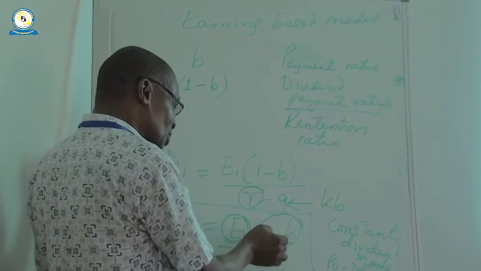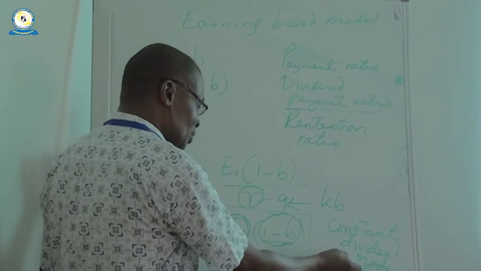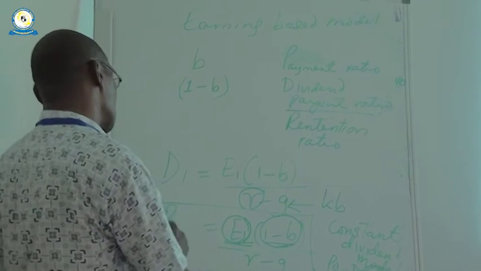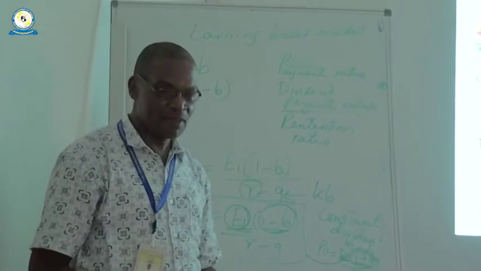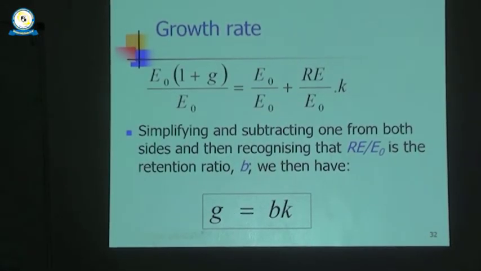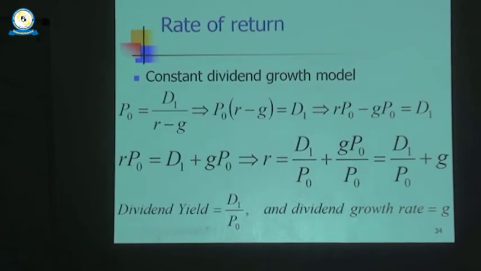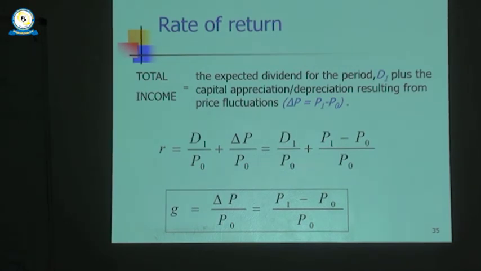So the retention ratio covers the growth rate, and instead of just paying the dividend, we use earnings. So this is the general formula when we are using the earnings-based model. So that is how we calculate the value of the share. We end the valuation of share by using the rate of return of the share.